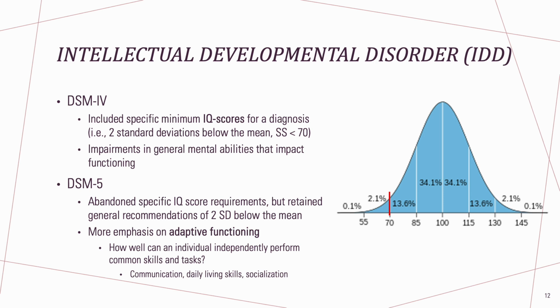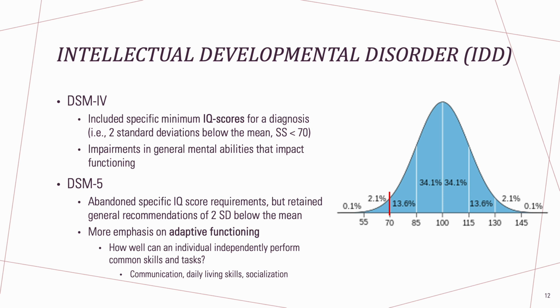If you are 2 standard deviations below the mean, so 2 standard deviations below means we should look on the left side of the bell curve. That tells me that you are at that 70, which is where that red line is, and that's kind of that marker that we're looking for when we're talking about IDD.